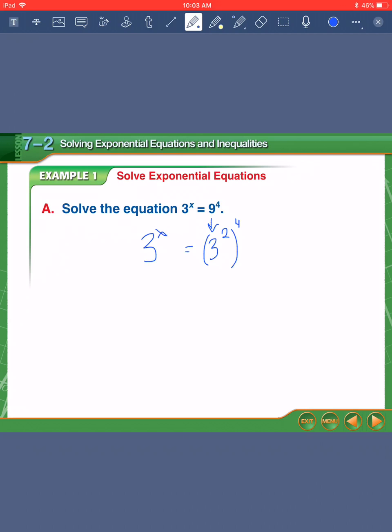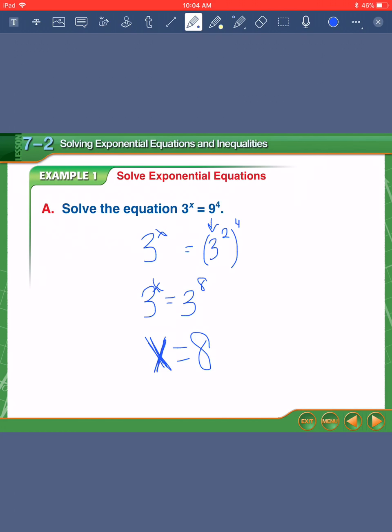Well, here when we raise 3 to the second power to the fourth, you multiply those exponents. So this is 3 to the x power equals 3 to the eighth. Now that our bases are the same, we can drop the bases and we just get that x equals 8.